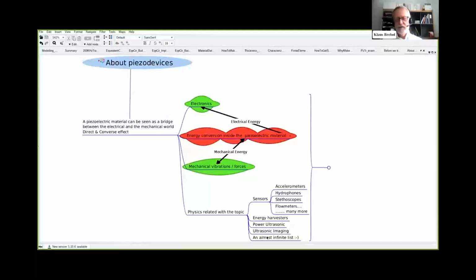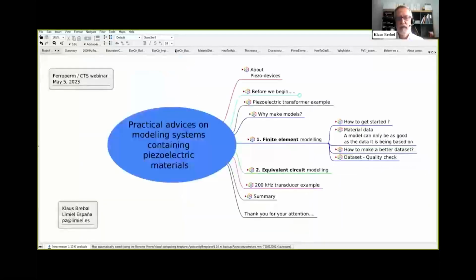You can extend this list as long as you wish. Therefore, very few people have an education that covers all the necessary fields to design a device. You will have to use teamwork to have success doing this. And modeling is actually part of teamwork. It's part of facilitating the teamwork.